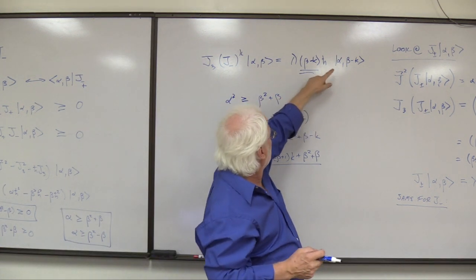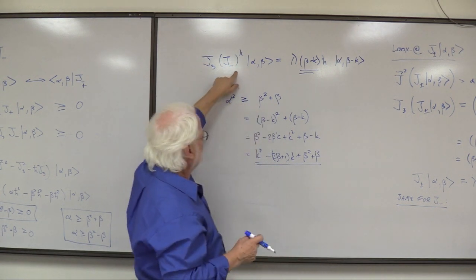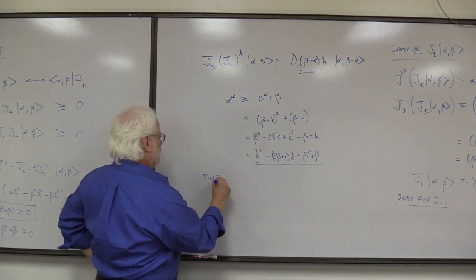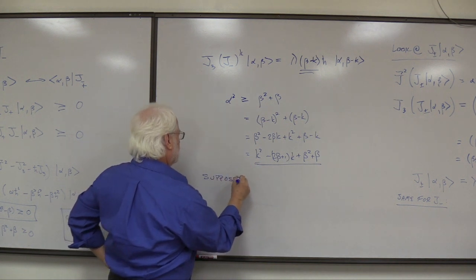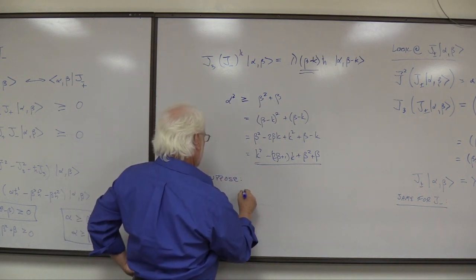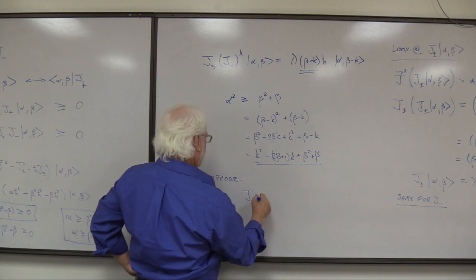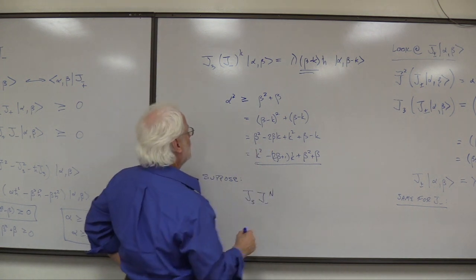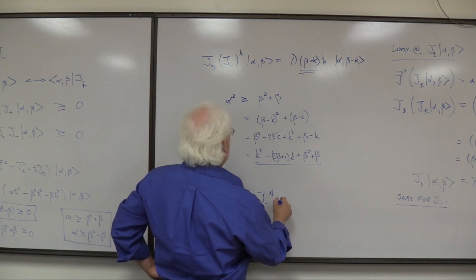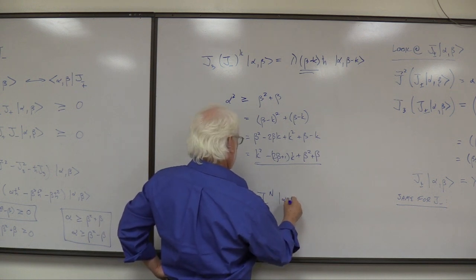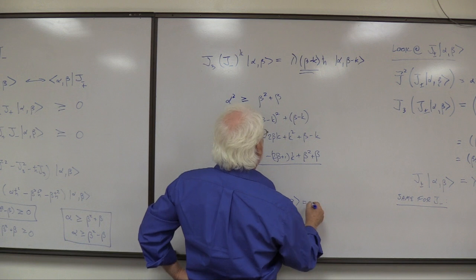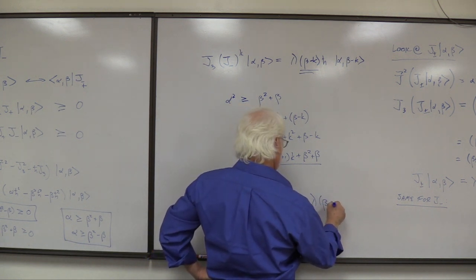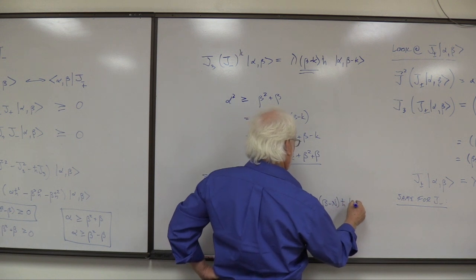So the only alternative is, let's be rigorous about this. Suppose J3 on J minus to the nth power on alpha beta gives us lambda, beta minus n H bar, alpha beta.